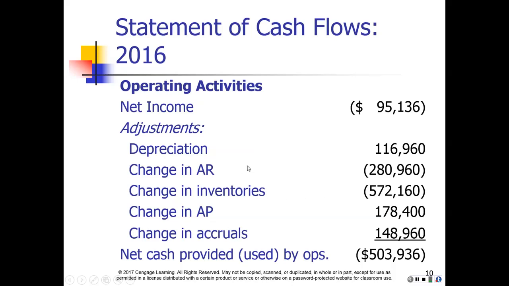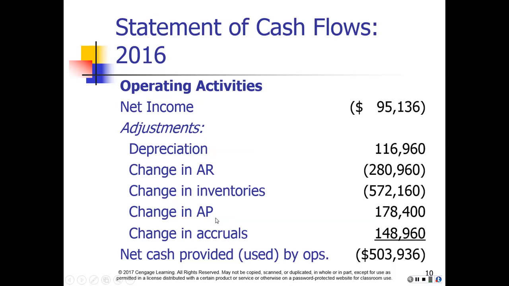Now, those were from the asset side. If we go to liabilities, then it works the other way. So if accounts payables went up, that means we kind of used our suppliers' money to finance our operating activities, because this is money we haven't paid, but we have received the goods already.